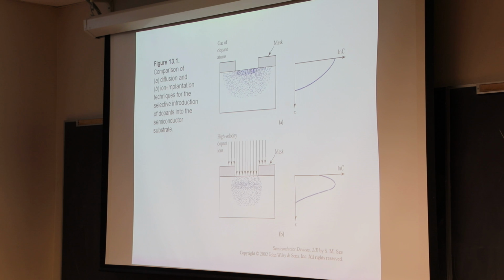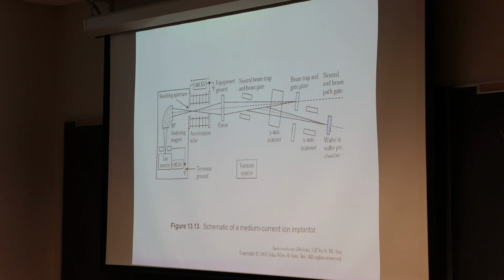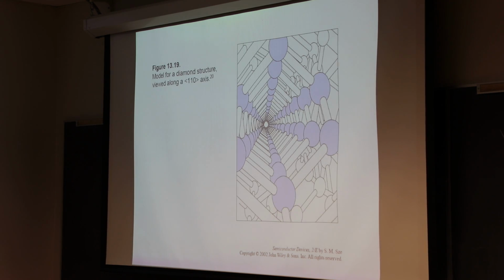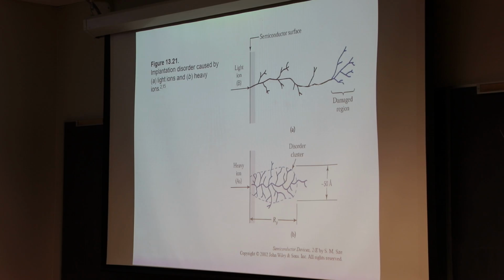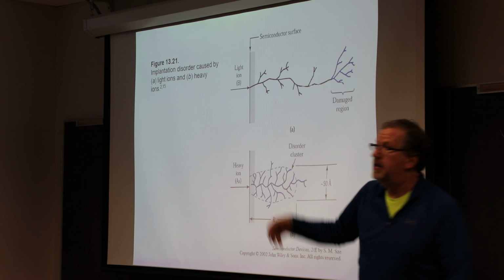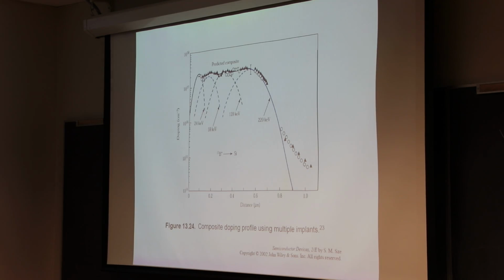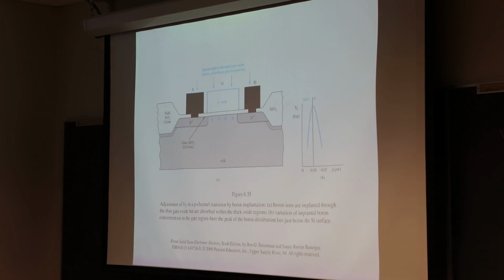But through this railgun, this ion implanter, I can very precisely deliver atoms, either deep or shallow, whether they're heavy or light. We can concatenate different implantations to get different profiles.